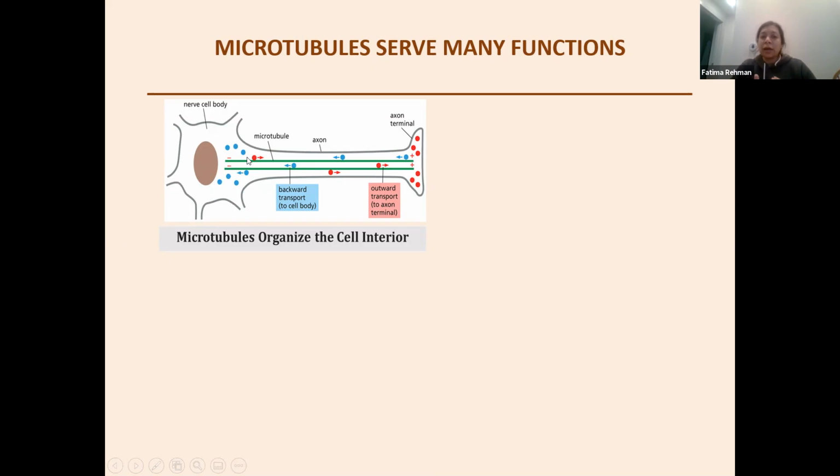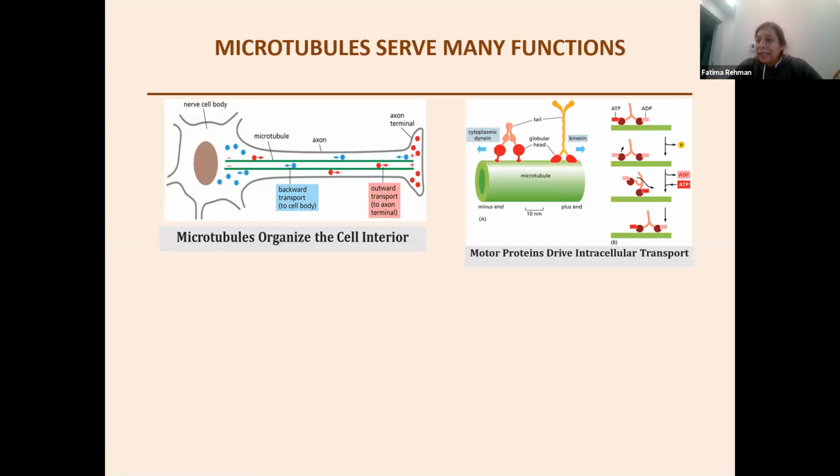These tracts go in opposite directions, in the sense that molecules can be moving towards the axon terminal along these tracts, as well as coming back to the cell body. So they can transmit signal both towards as well as away from the axon terminal.